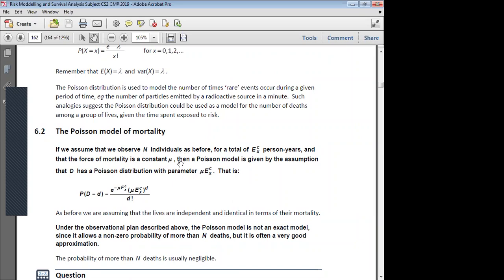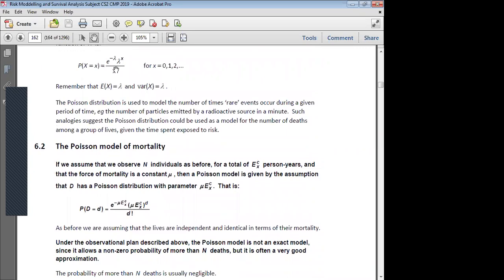But again, now if we're assuming that there is a Poisson model, I know that my distribution is given by something like this. So I need to know the rate, right? This is the rate at which a particular event occurs. So what I want to know now is the rate at which death happens. To know that, what will I have to do? What do you guys think? How can I figure out the rate at which death happens in the model that we're looking at?